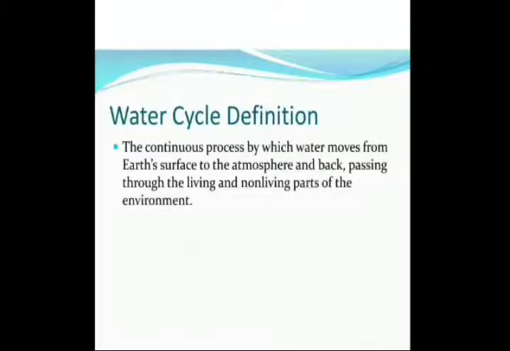So we can say it is the continuous process by which water moves from the earth's surface to the atmosphere and back, passing through the living and non-living parts of the environment. This is called the water cycle.